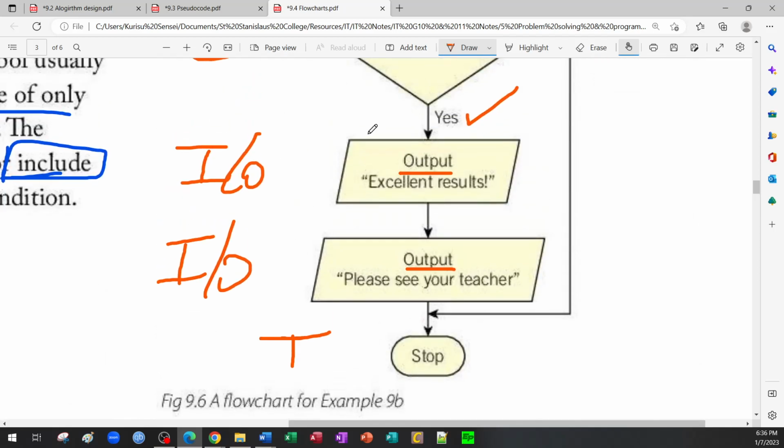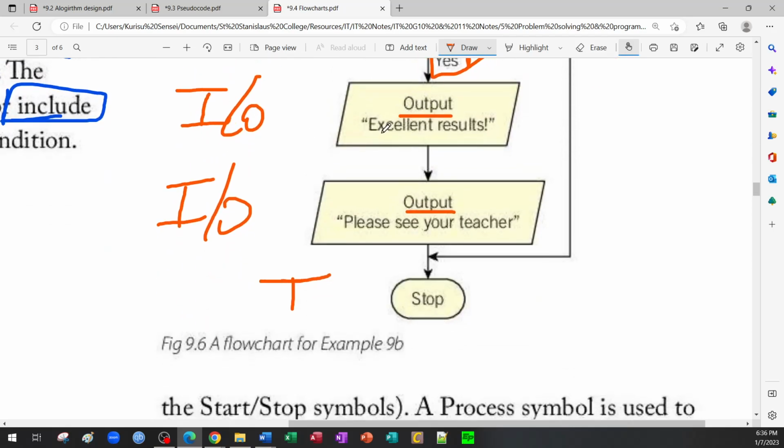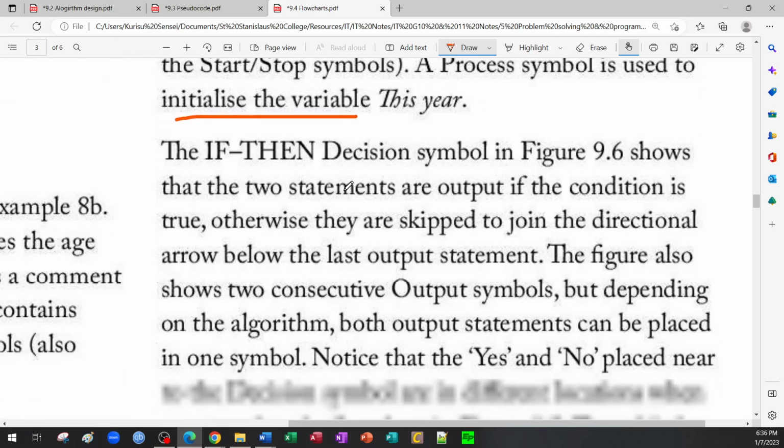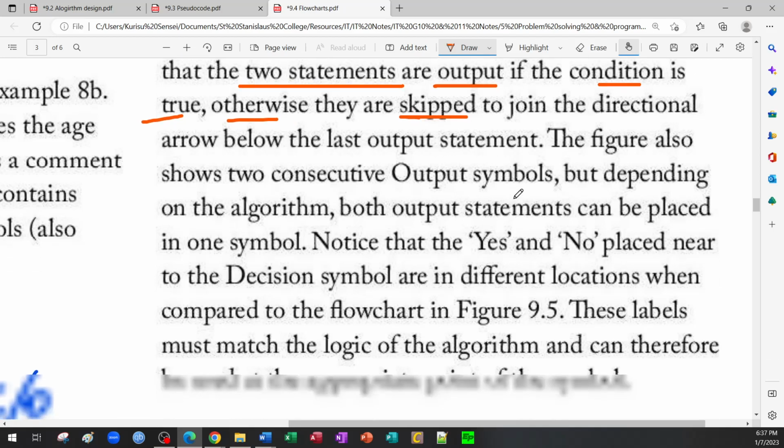So, two statements here. Remember, yes is true. Two statements: excellent result, please see your teacher. These are the two. So, two statements are output if the condition is true. Otherwise, they are skipped to join the directional arrow below the last output statement.